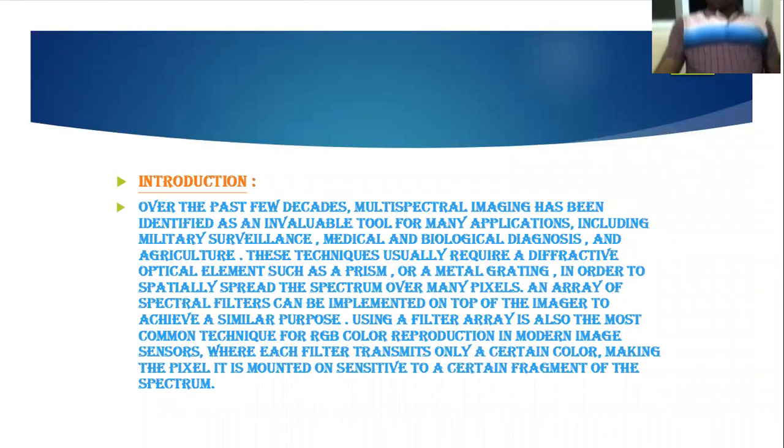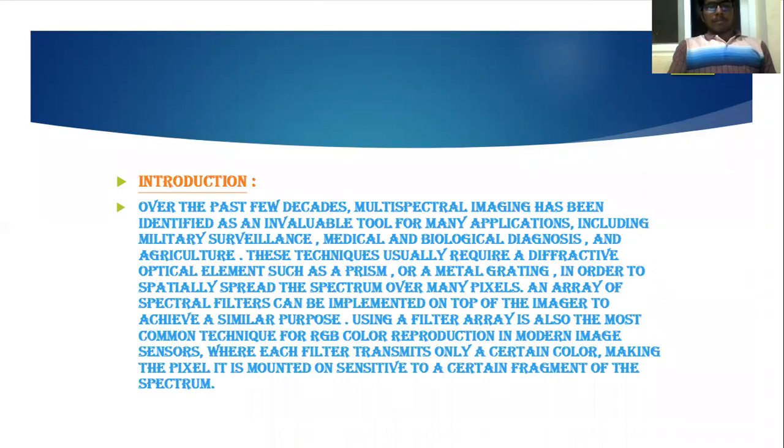Introduction. Over the past few decades, multispectral imaging has been identified as an invaluable tool for many applications, including military surveillance, medical and biological diagnosis, and agriculture. These techniques usually require a diffractive optical element such as a prism or a metal grating in order to spatially spread the spectrum over many pixels.